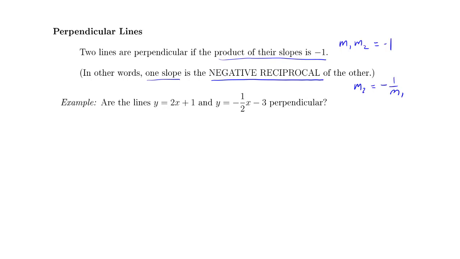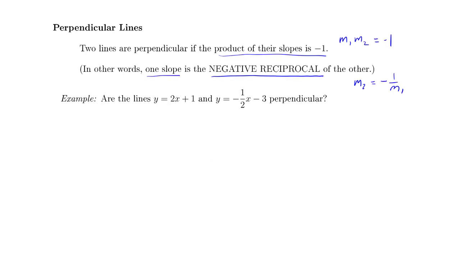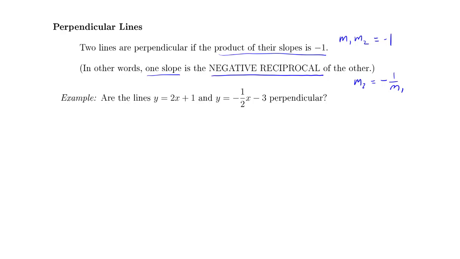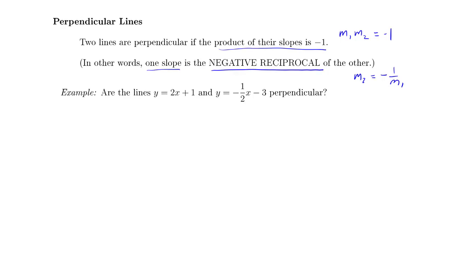So if we wanted to show that two lines are perpendicular, we'd have to show that this relationship exists. So we would do something like, okay, the first one, again, let's call this one line 1 and this one line 2. The first one definitely has a slope of 2.